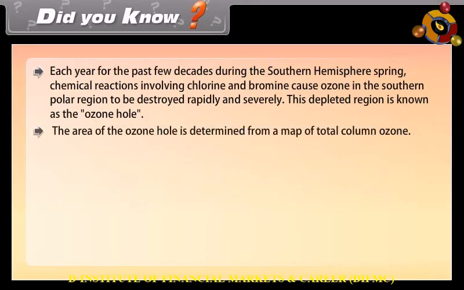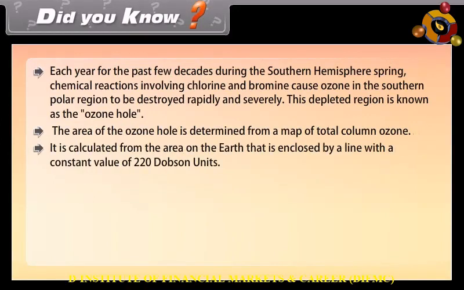The area of the ozone hole is determined from a map of total column ozone. It is calculated from the area on the Earth that is enclosed by a line with a constant value of 220 Dobson units.